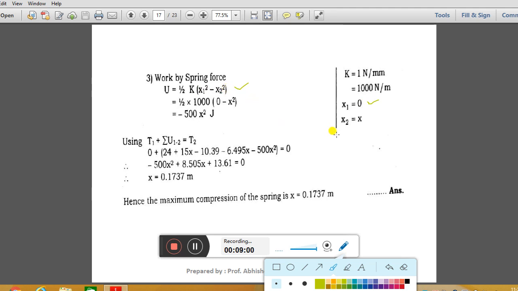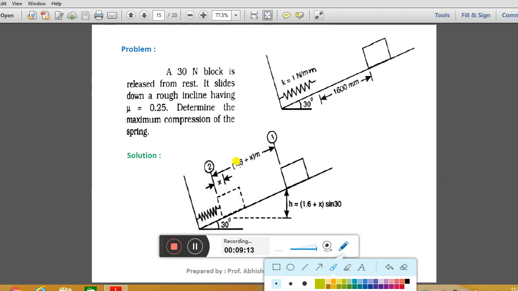At position 2 the deformation is x, so this will be the final deformation. We can see this. When the block is at position 1, that is the initial position of the block, the deformation is 0, and when the block occupies the second position, that is the final position, the deformation is x.